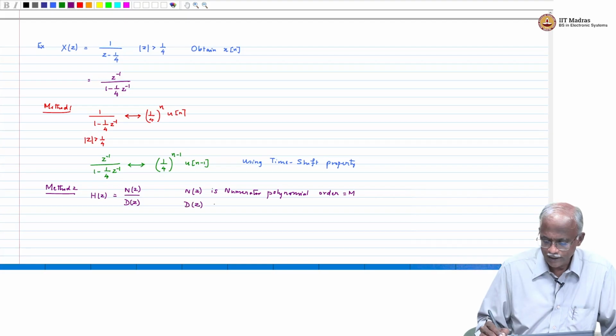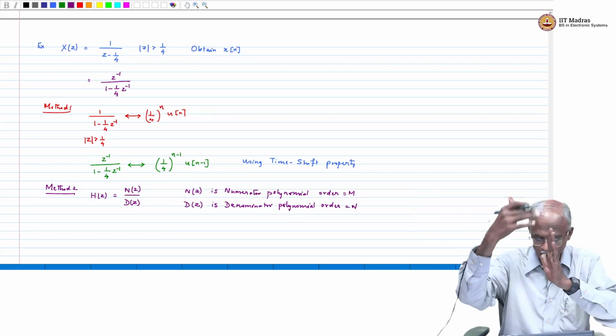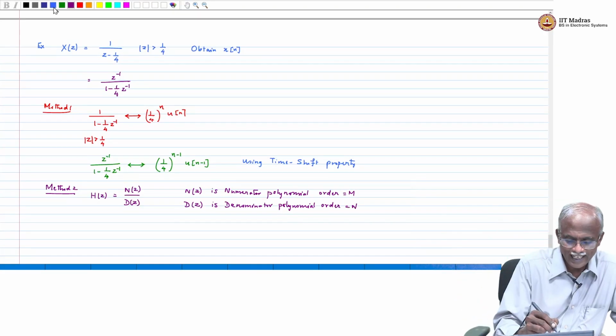D of z is the denominator polynomial of order n. Okay, you have a ratio of two polynomials. The numerator is order m, the denominator is order n.